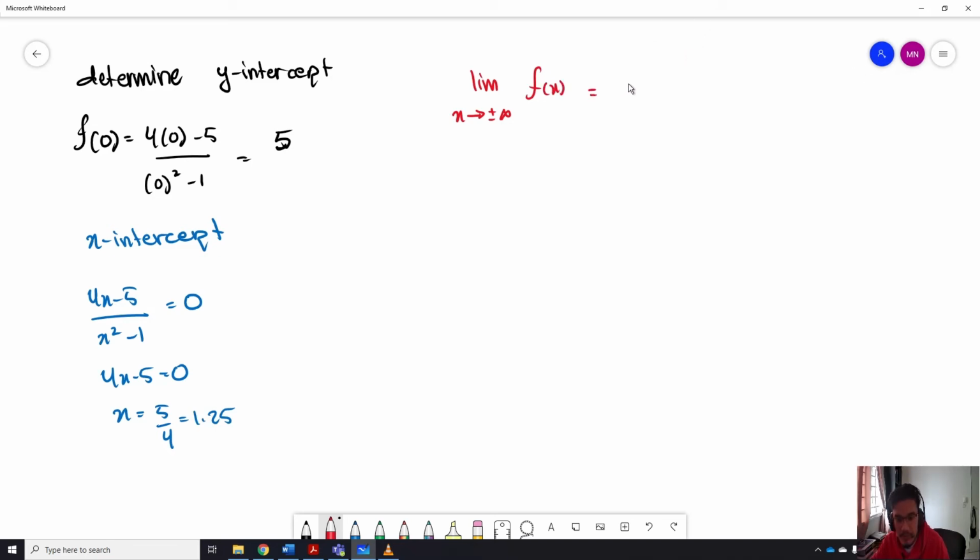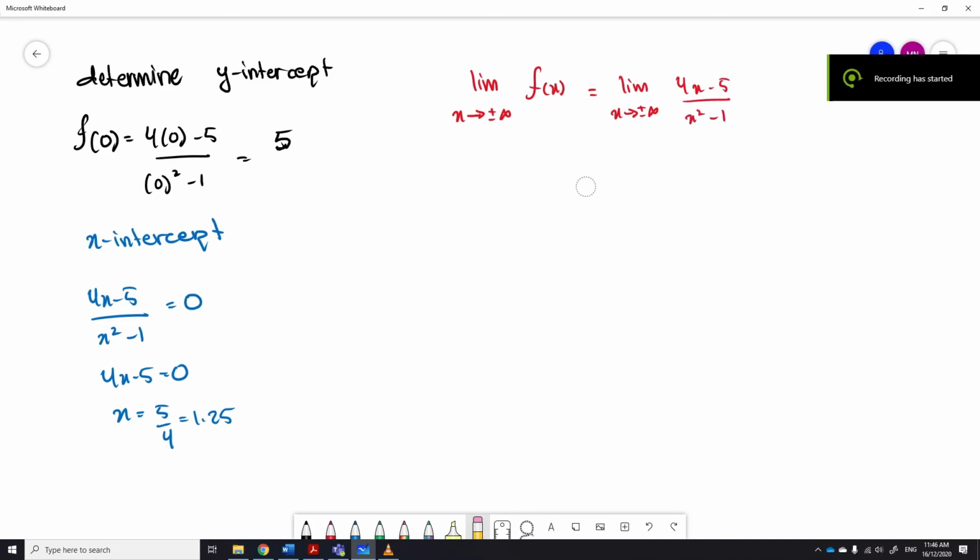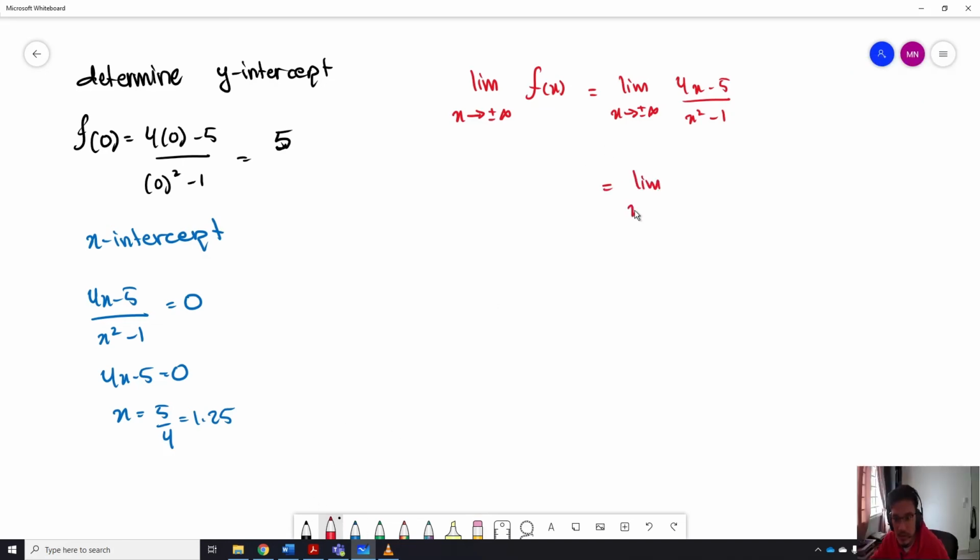So it will become the limit as x approaches positive and negative infinity of 4x minus 5 over x squared minus 1. To determine this, we divide every term by x squared: 4x over x squared minus 5 over x squared, over x squared over x squared minus 1 over x squared.